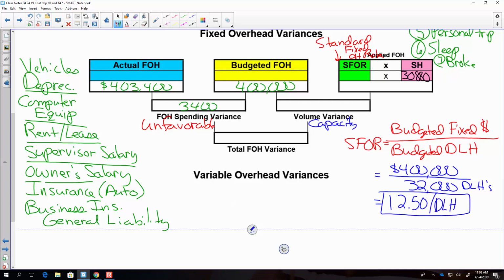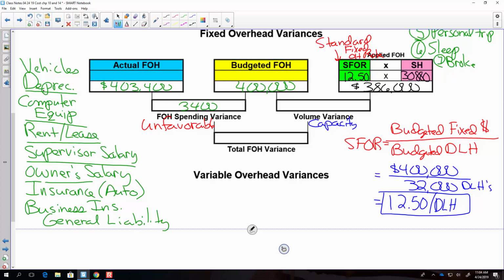This is our SFOR, 12.5. So for every hour I drive, I'm contributing $12.50 to pay for my overhead. That's basically what it's telling me. So, Michelle, do you have this quantity? 386,000.